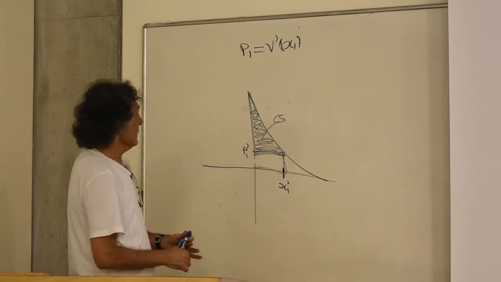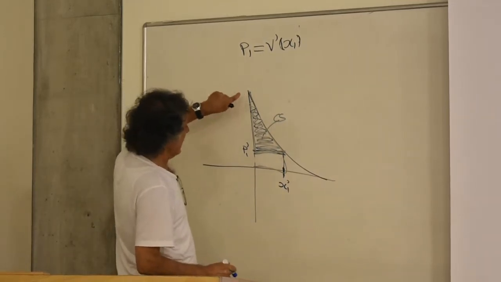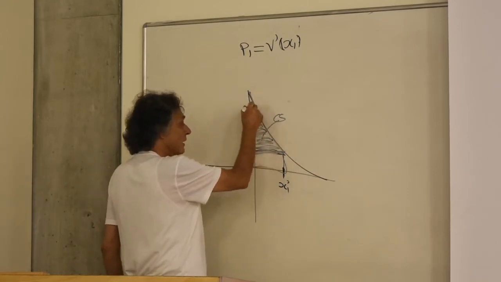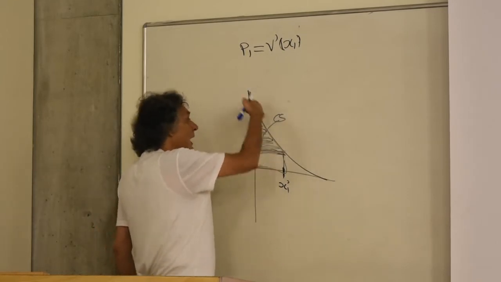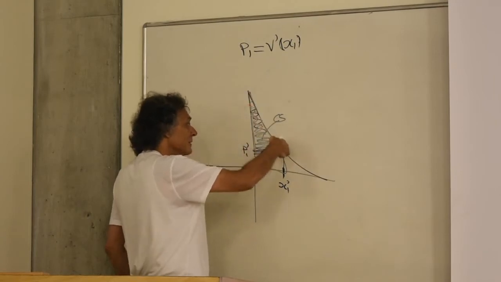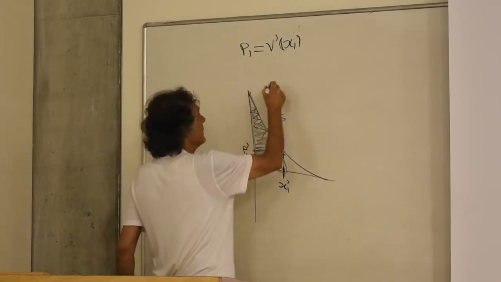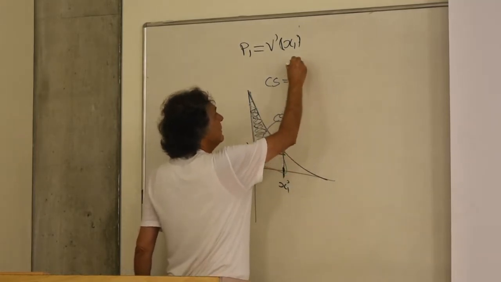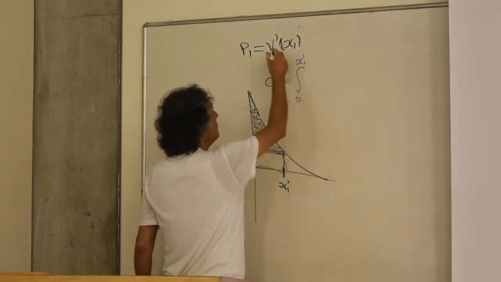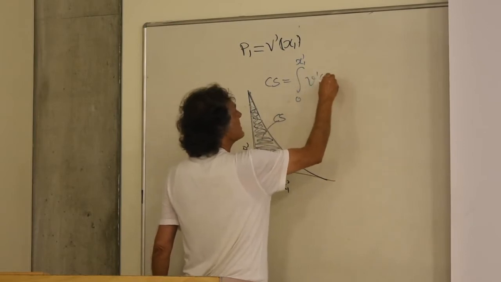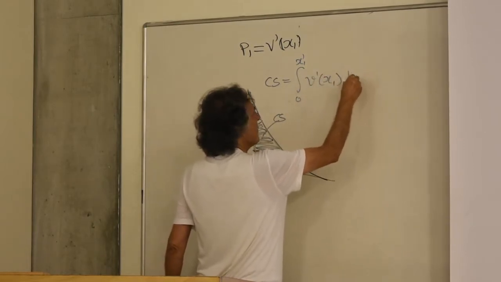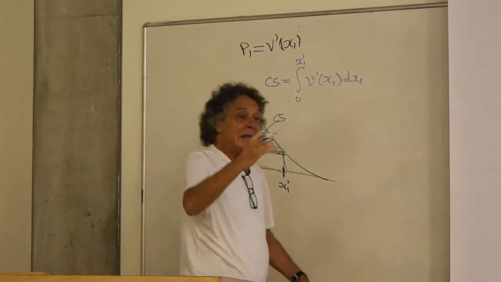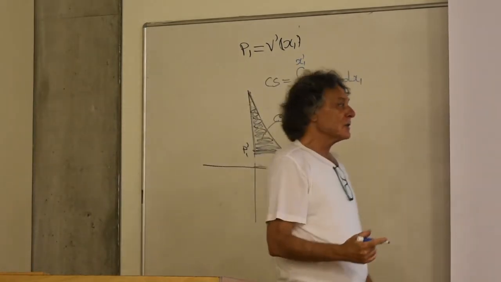Good. However, if you want to know what this area is, the area is the integral under this. So actually, this area, the consumer surplus, is the integral from 0 to X1 prime of V prime of X1 dX1. But the integral of the derivative is the function itself.